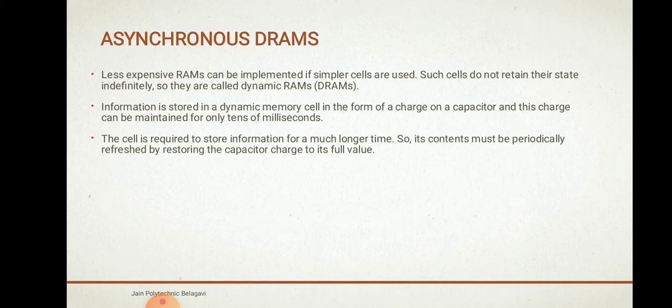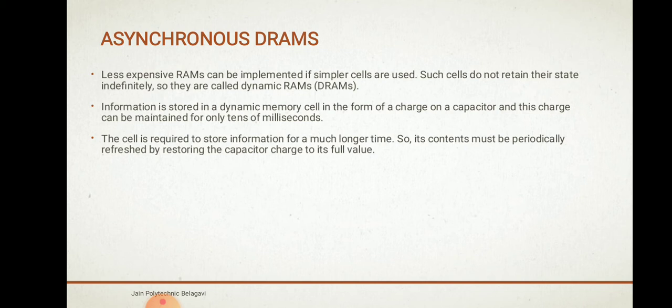What it means is, whatever cells we are using in asynchronous DRAMs are required to store information for a much longer time. As we have seen, this charge can be maintained only for tens of milliseconds. So to store for a much longer time, we should periodically refresh the contents.